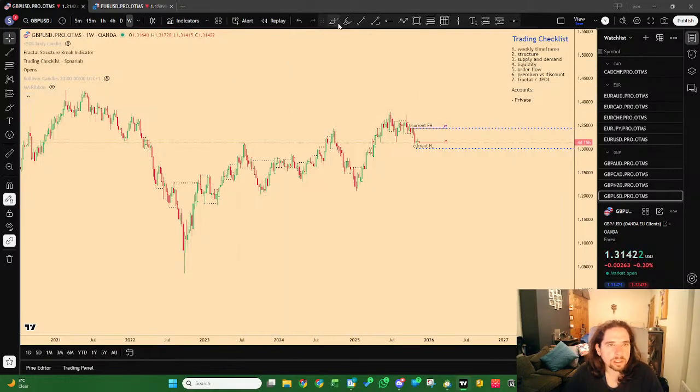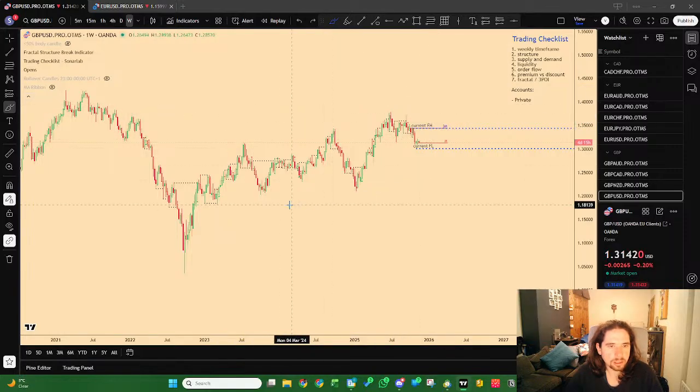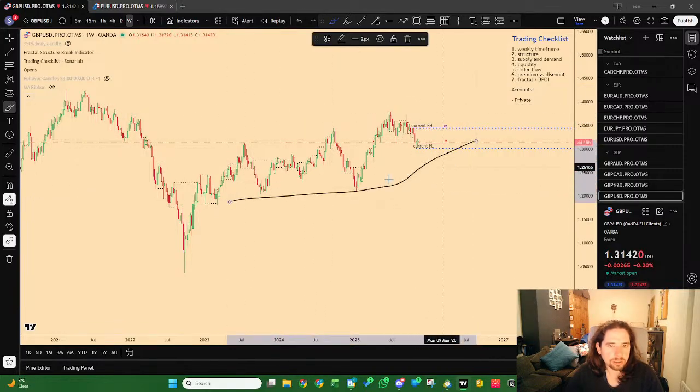So what is the structure for the weekly time frame? Well, we can see that it is quite bullish from here. It's in that little trend there.